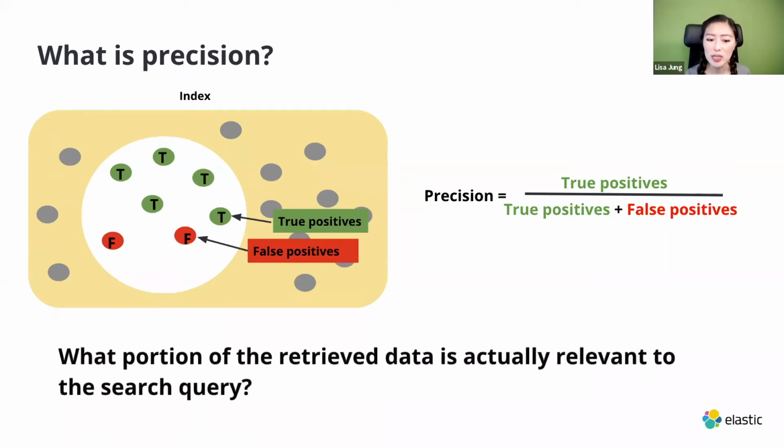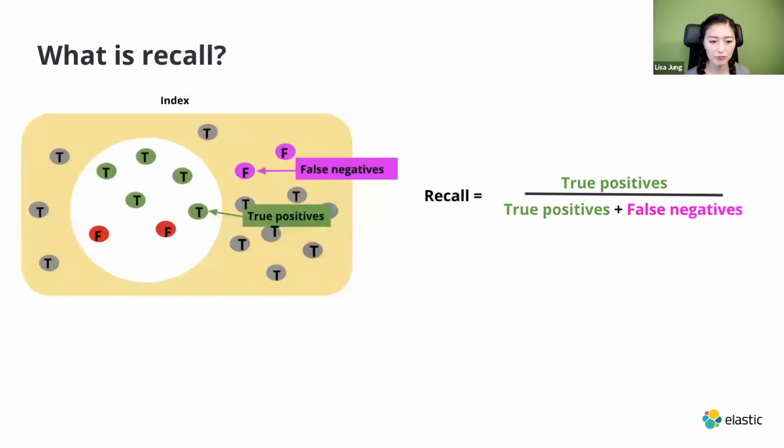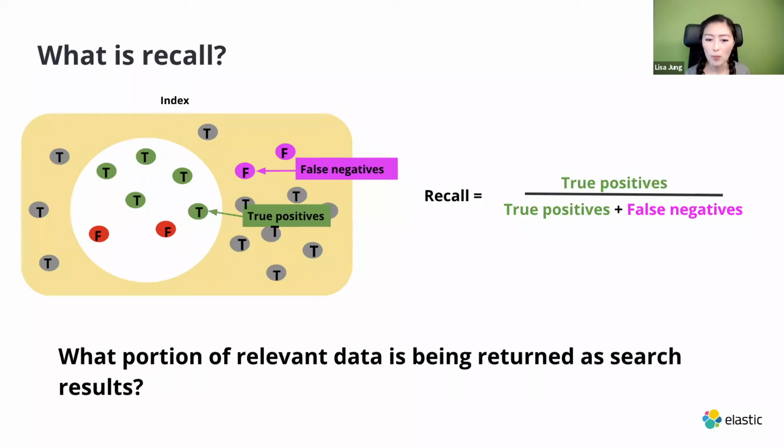What precision tells you is what portion of the retrieved data is actually relevant to the search query. Now, recall, on the other hand, is calculated by true positives divided by the sum of true positives and false negatives. What recall tells you is what portion of relevant data is being returned as search results.